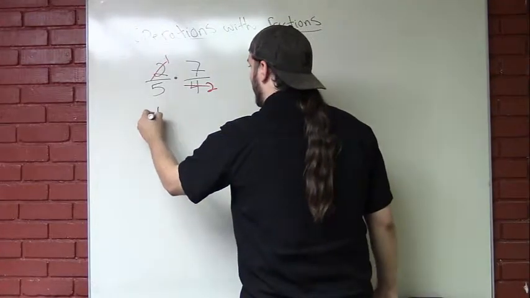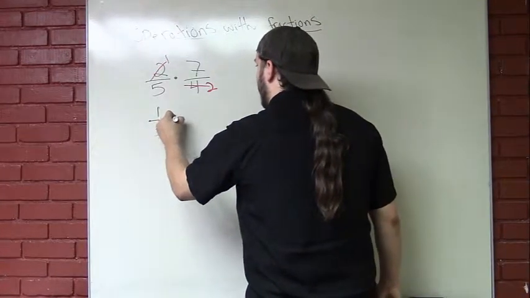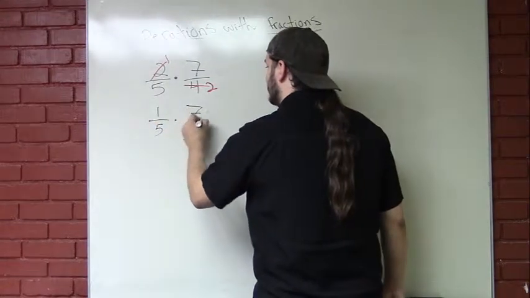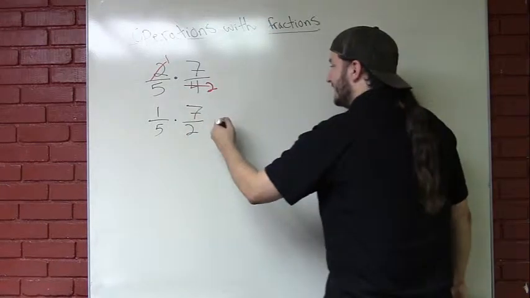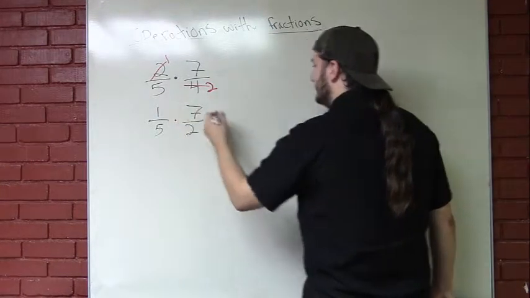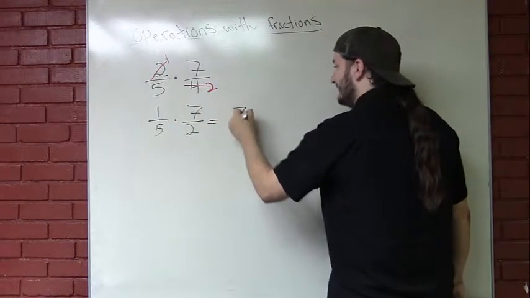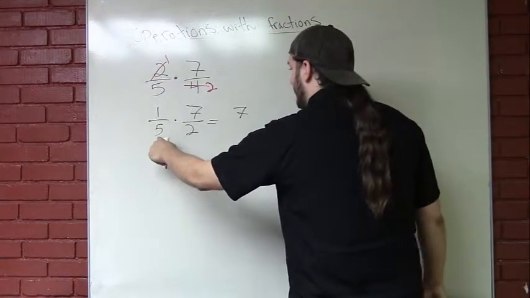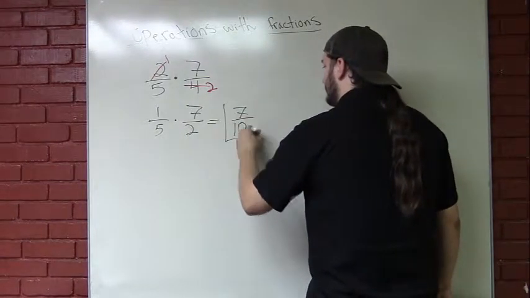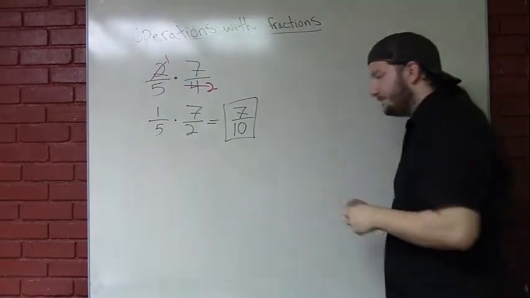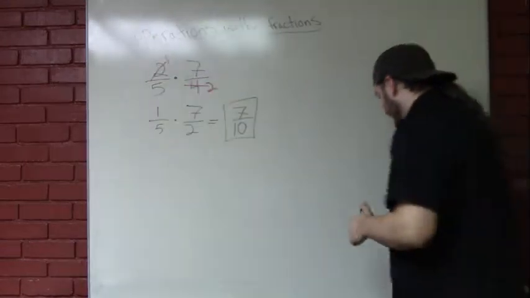Well, you just have 1 over 5 times 7 over 2. Now you just multiply directly across. So 1 times 7 is 7, and 5 times 2 is 10. Okay? Okay, not too bad, right?